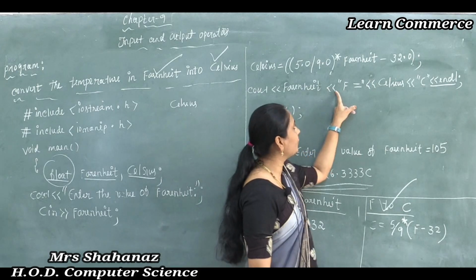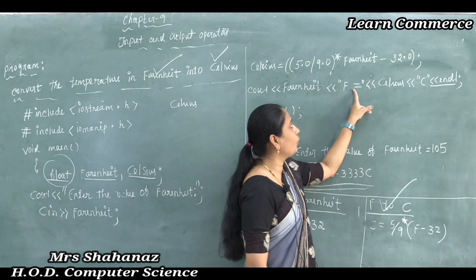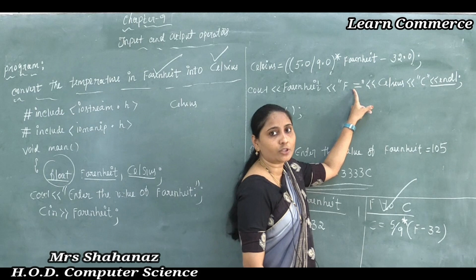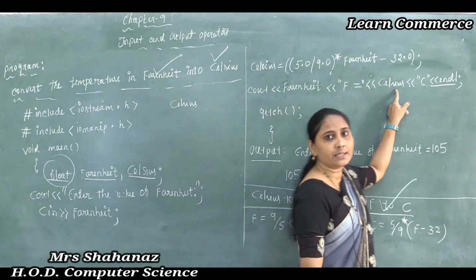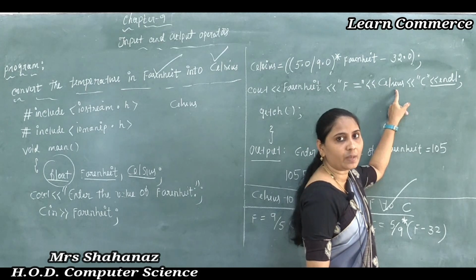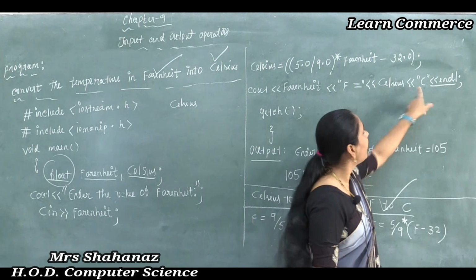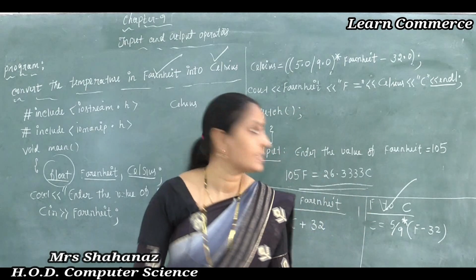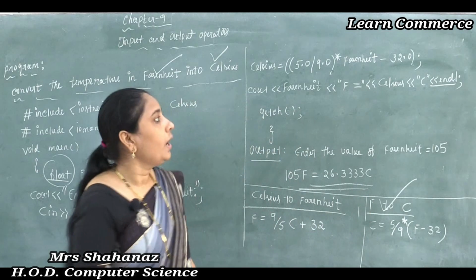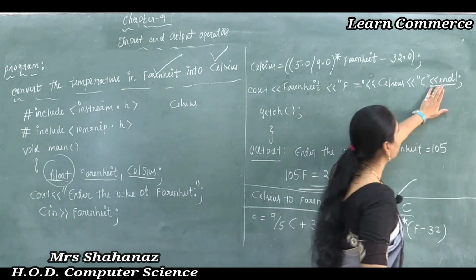Then again you need to use the operator, then opening of the double quotation, F is equal to, closing of the double quotation, then again operator Celsius, that means here also I want to display the value of the Celsius, then operator, then next I want to display C as a message here, then again operator and endl, semicolon.